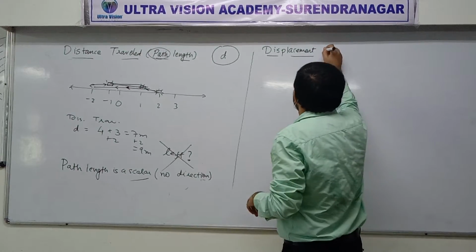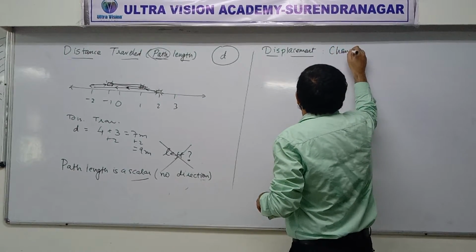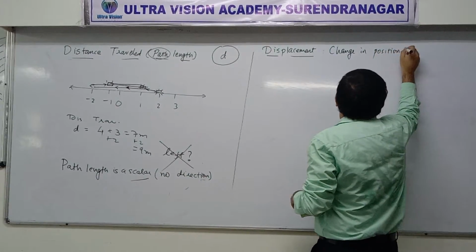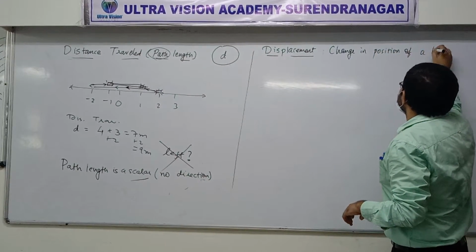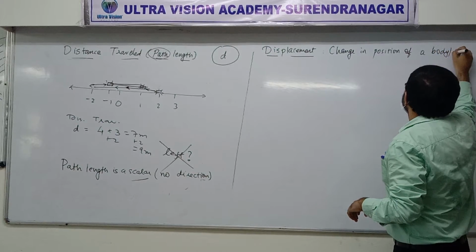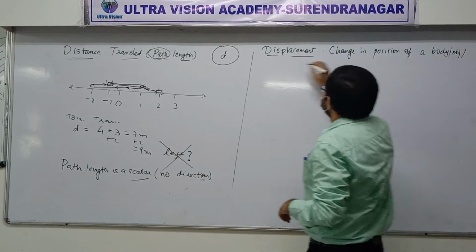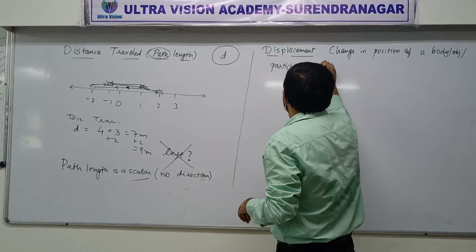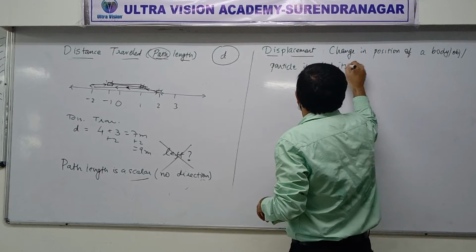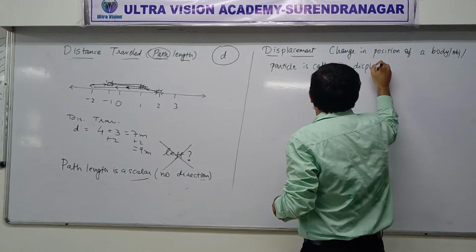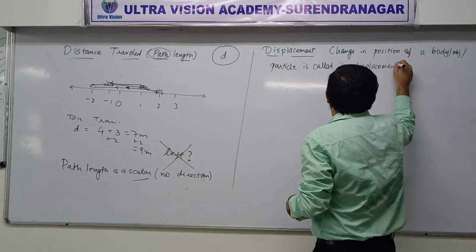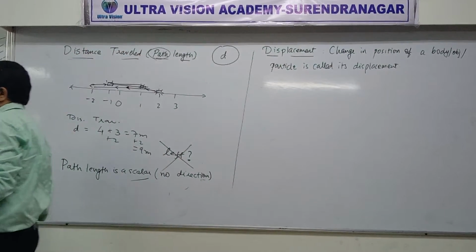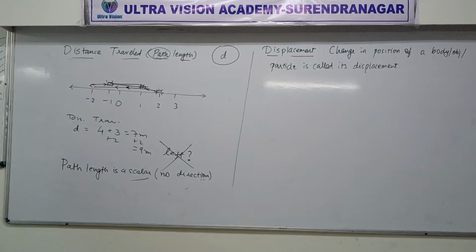The meaning of displacement is change in position of a body or an object or a particle, is called its displacement. Change in position of a body or particle is called its displacement.